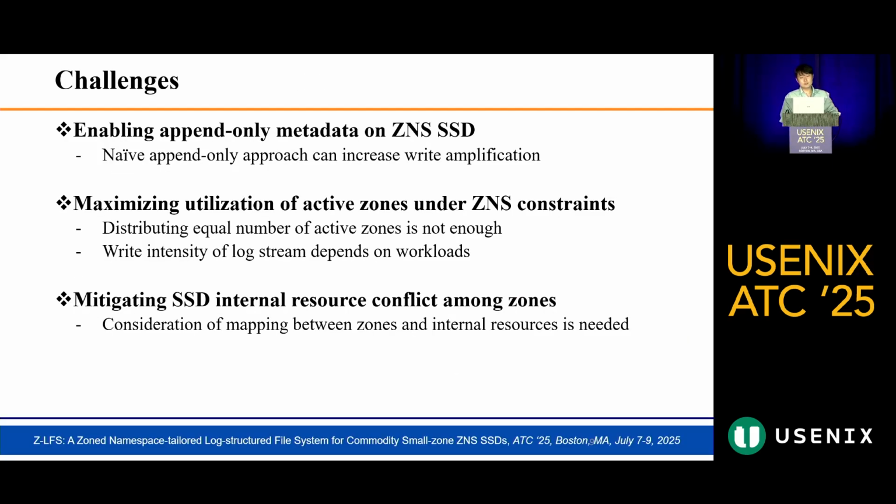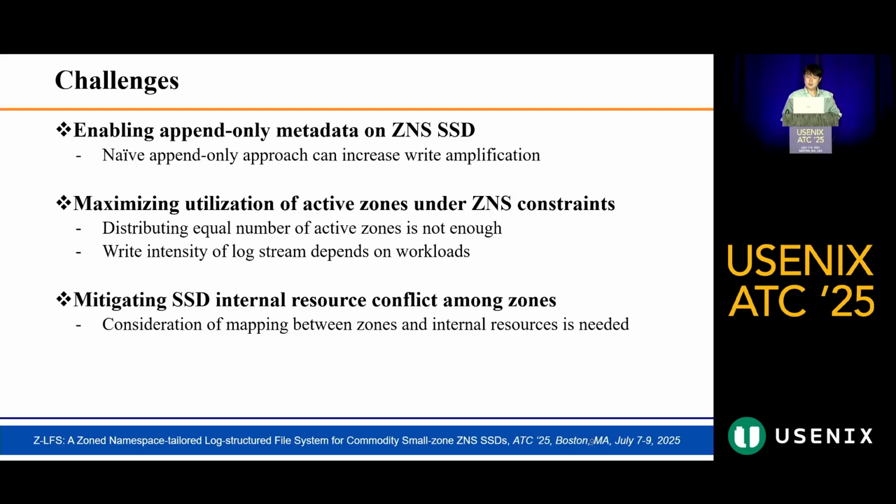Addressing these issues is not straightforward. First, a naive append-only approach to metadata management can increase write amplification. Second, simply distributing an equal number of active zones is insufficient to fully utilize them. Due to the active zone constraint, a file system cannot optimally allocate the same number of active zones to all log streams.